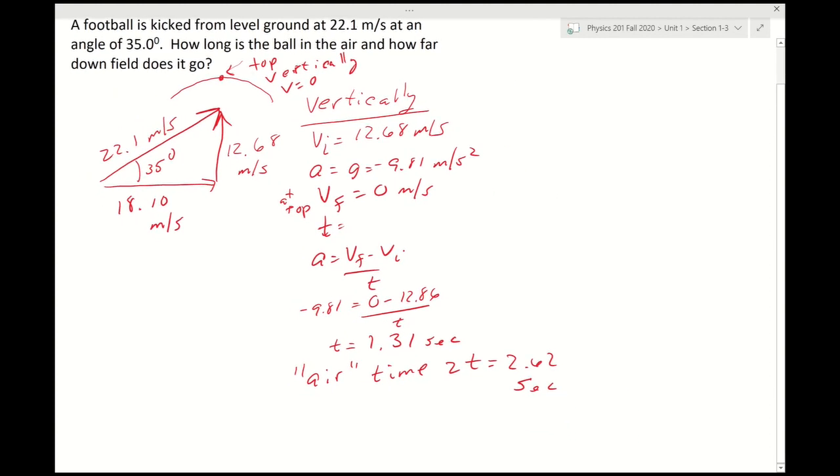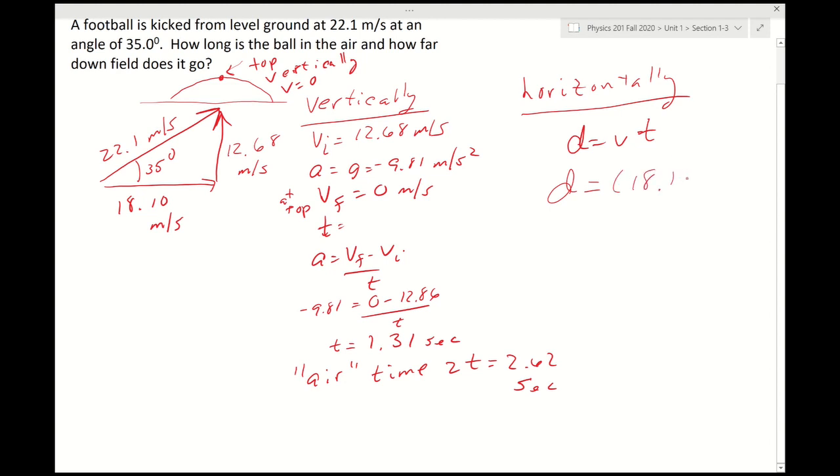So that means then that horizontally, distance is simply speed times time, because that's what the distance under accelerated motion reduces to when the acceleration is 0, which is what we have for the horizontal motion. We're ignoring air resistance. So the distance is simply the speed, which horizontally was 18.10 meters per second, times the time, which is 2.62 seconds.